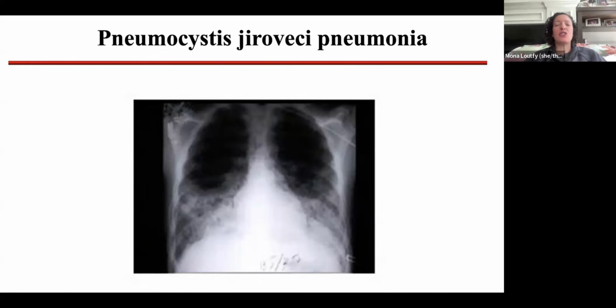It's a little bit similar to COVID, whereby it causes an inflammatory response in the lungs, and can be treated with steroids. It causes hypoxia, low oxygen, and it can cause pneumothorax.